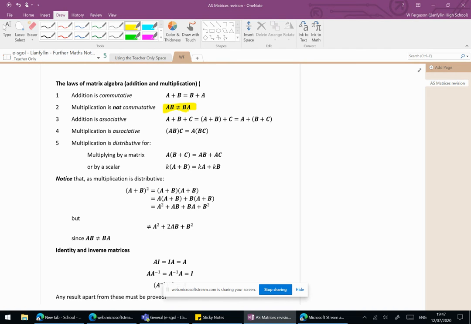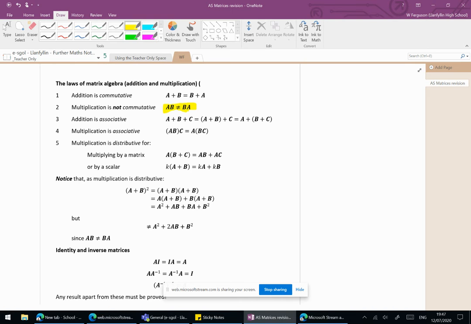So I couldn't, for example, do B times A plus C times A there, or even A times B plus C times A, or B times A plus A times C. The order has to be correct. The B and C are both being left multiplied in my example there by A, and so each of them separately has to be left multiplied by A as well.